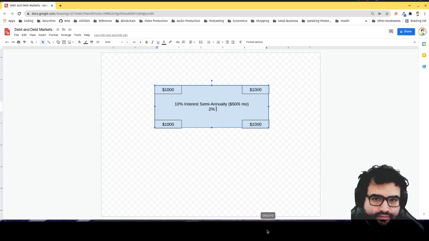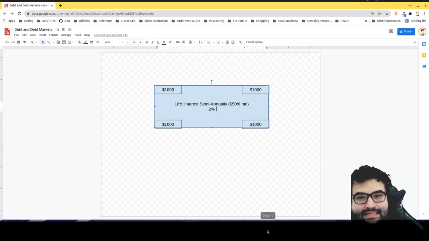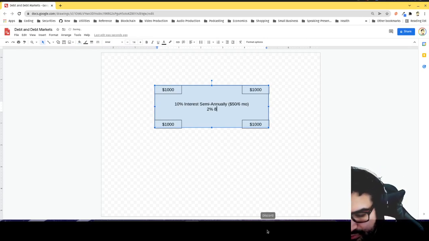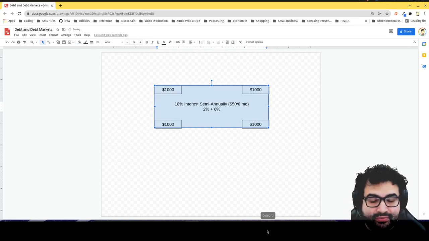Okay. Then I'm going to look for similar companies, with a similar credit rating, similar size, basically as similar as I can find, and take a look at their debt. So maybe their debt is trading at 10%. That means they're trading at an 8% premium over the risk-free rate of return.